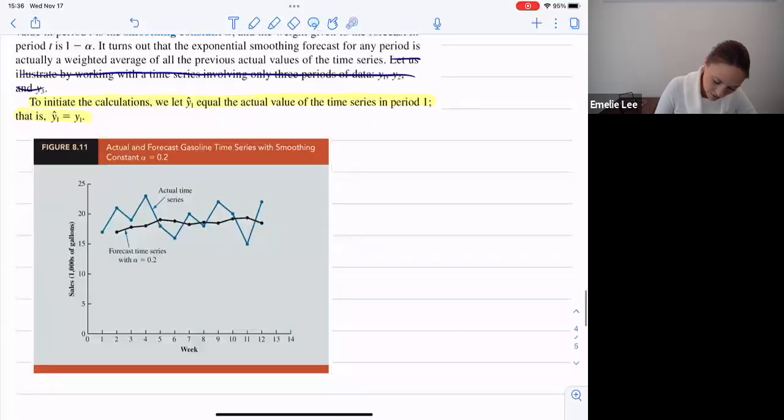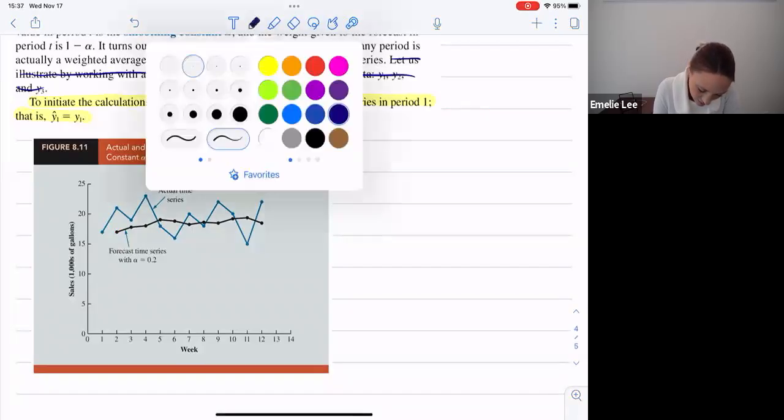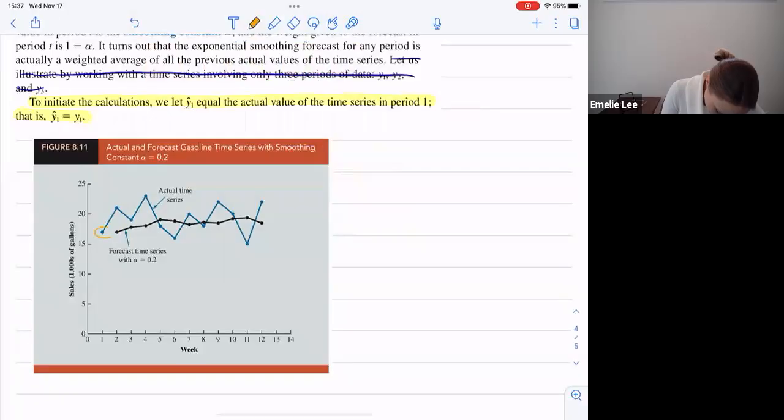So here, if we have a smoothing constant of 0.2, so alpha equals 0.2, then what are we doing? Then the forecast for time 2 is the same as time 1, right? And so here we see, are those on the same line?